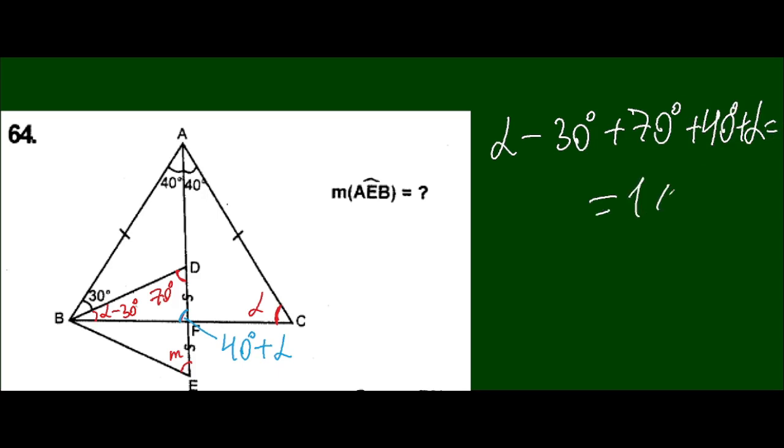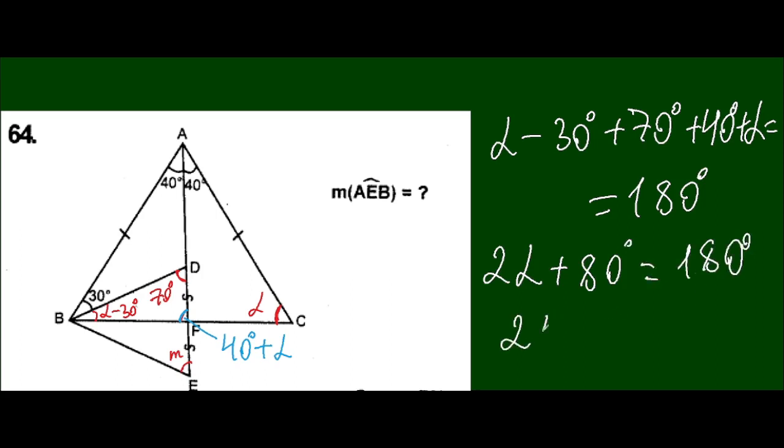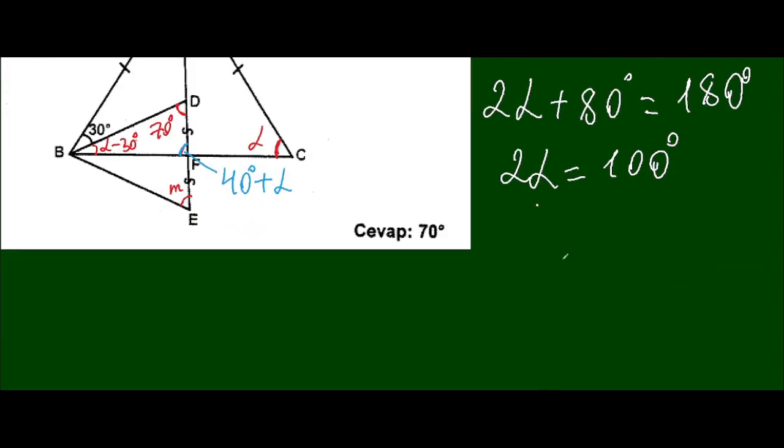And from the triangle BFD, we can write that alpha minus 30 degrees plus 70 degrees plus 40 plus alpha will be equal to 180 degrees. This says that 2 alpha plus 80 degrees will equal 180 degrees. 2 alpha will equal 100 degrees, and here alpha will equal 50 degrees.